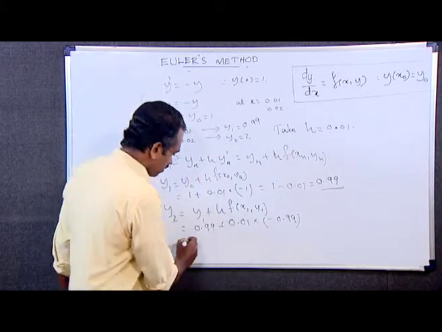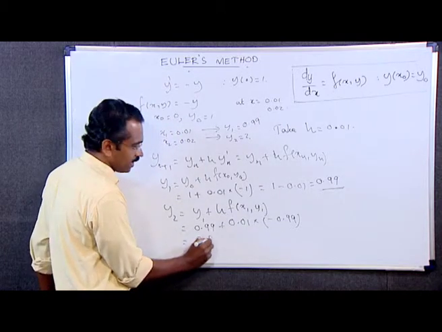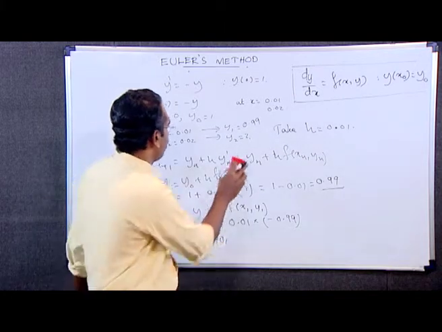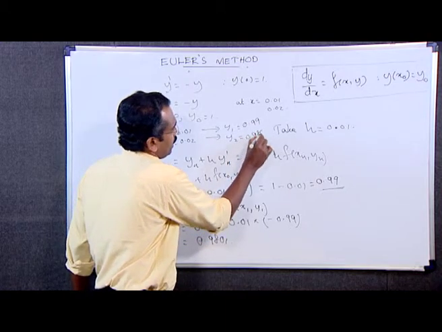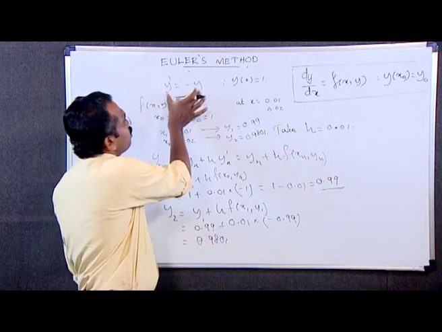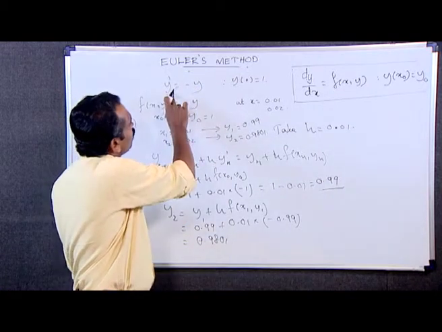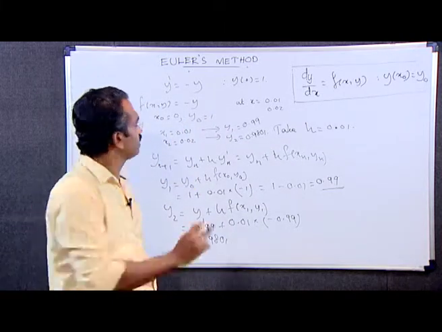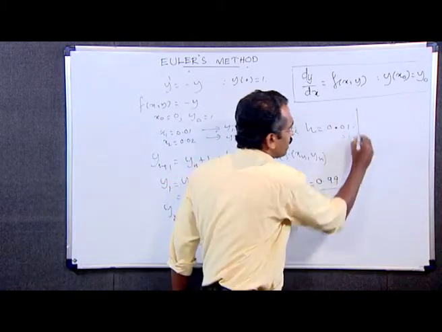On simplification, we get the value of y2 as 0.9801. The actual solution of this differential equation is obtained by integrating with respect to x. We will get the actual solution as y is equal to e raised to minus x.